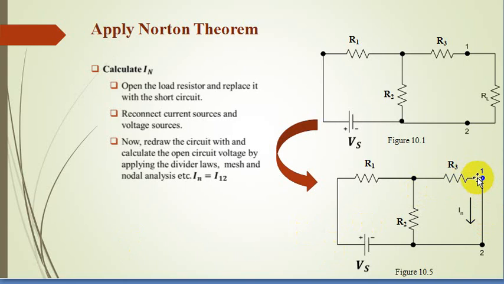We are supposed to short circuit this. So for the calculation of the IN, the first step is to remove the RL and replace it with a short circuit, and then again our source voltage should be connected in the circuit, and apply any kind of law you feel is feasible, and then calculate the value of the IN.